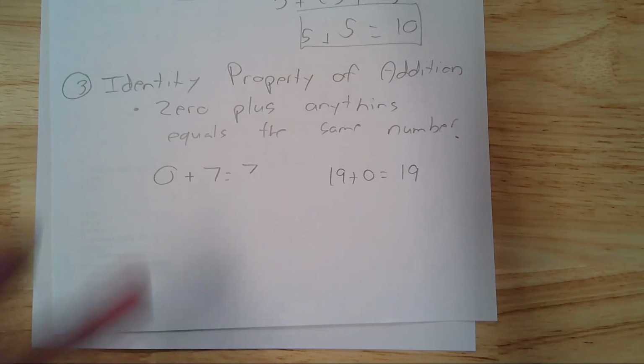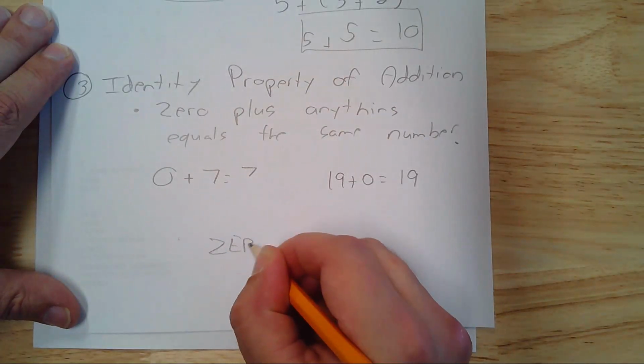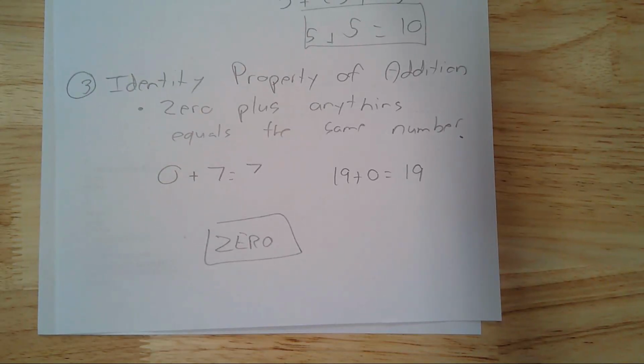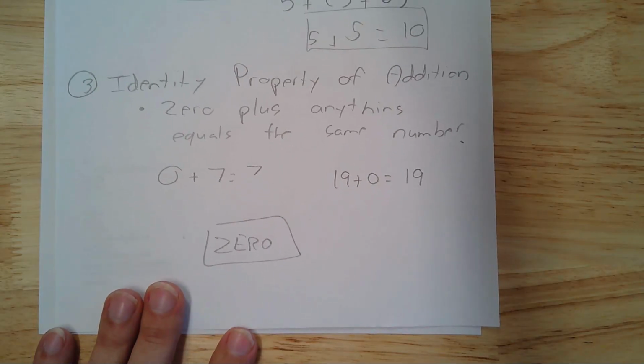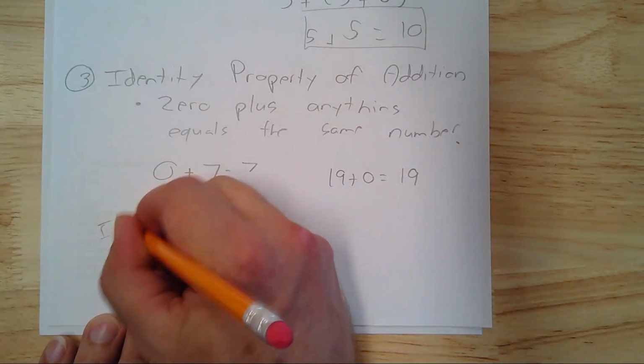So for the identity property, the magic word you're thinking should be 0. When you see adding 0, you're looking at the identity property. Do we have to write down the word? You would just write ID. I mean, if I said which property, just write ID. I know what you mean.